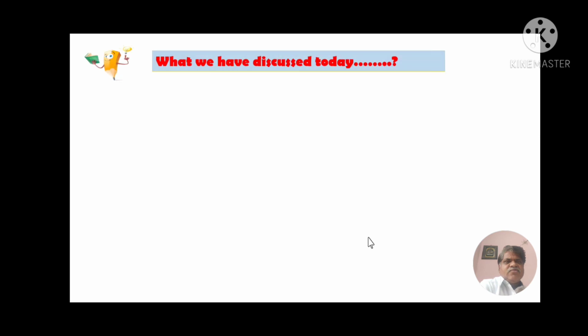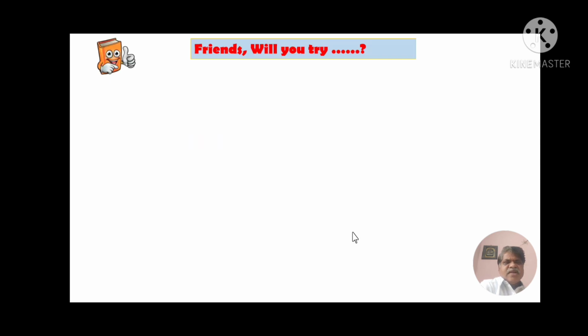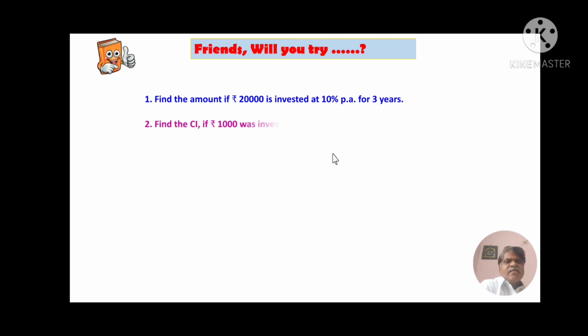Now friends, what we have discussed today in this session is compound interest and the formula for compound interest. Problems from the practice set 14.1, friends, will you try these problems? Find the amount if rupees 20,000 is invested at 10% per annum for 3 years. Find the compound interest if rupees 1,000 was contributed for 1.5 years at 20% PCPA.